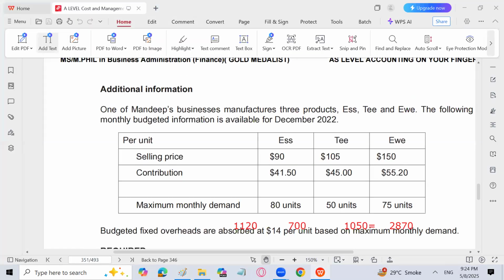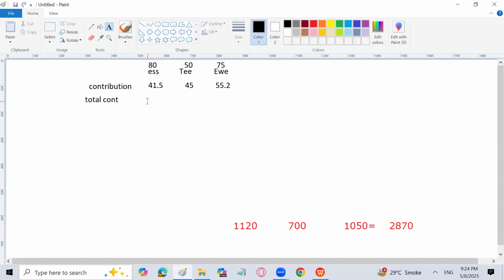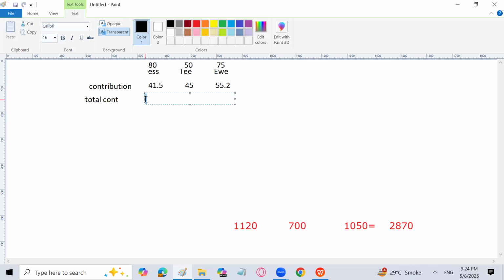How many units have been produced for each of S, T, and E? That is 80, 50, and 75. Now you can multiply these units with the contribution per unit to find the total contribution. 80 into 41.5 is 3320.